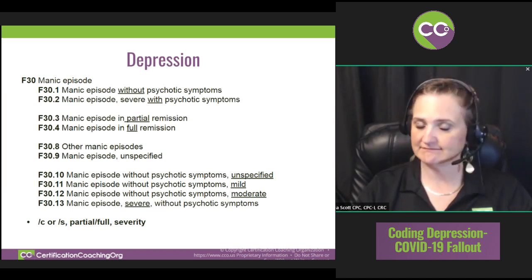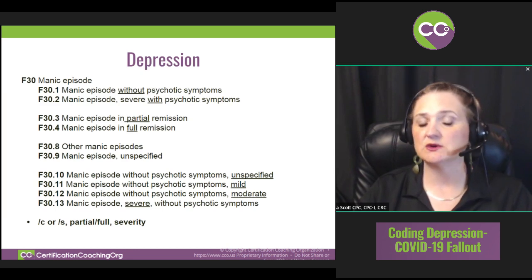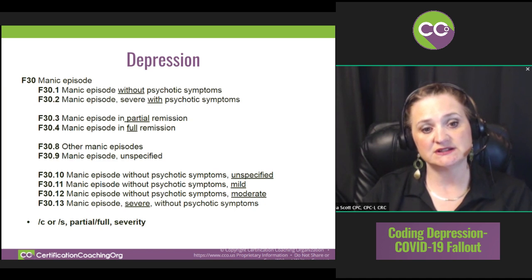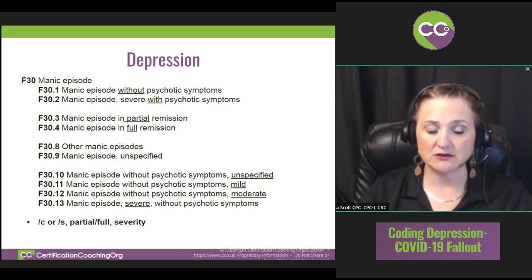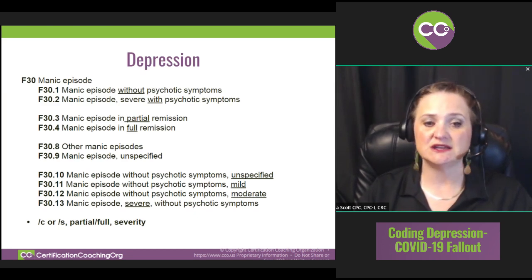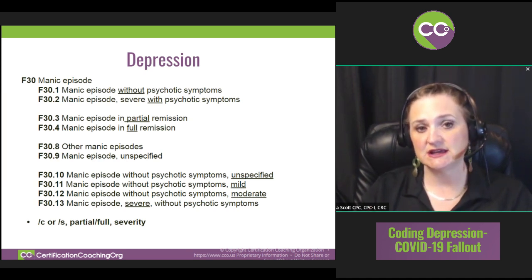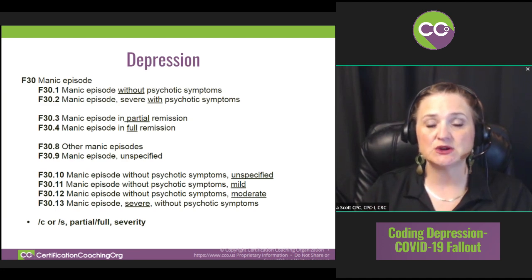And it's not up to us to determine whether it's mild, moderate, or severe. That's up to the provider. If the provider doesn't realize, then you might see an F30.10, unspecified. The provider may have sent the patient out to get further testing and studies done.